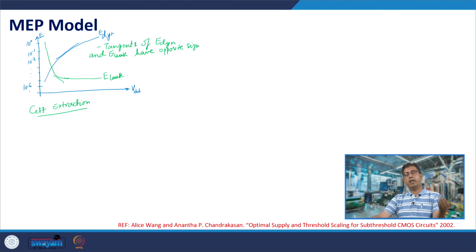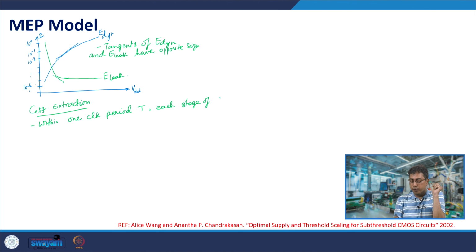So, you have a launch flip flop, a capture flip flop and a data path in a pipeline stage. Within one clock period T, each stage of a logic path between a launch and capture flip flop would switch.